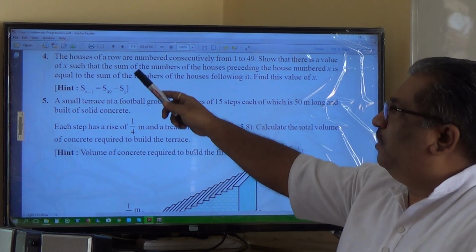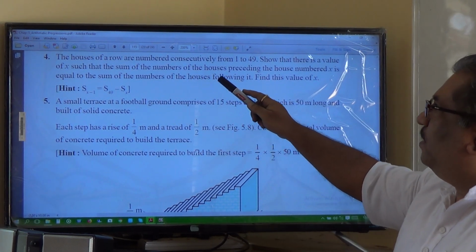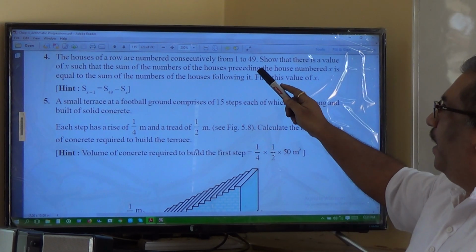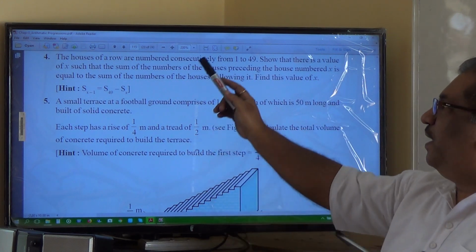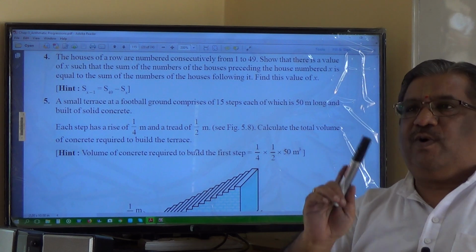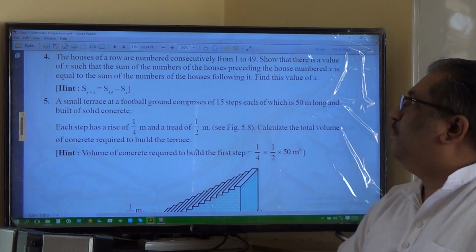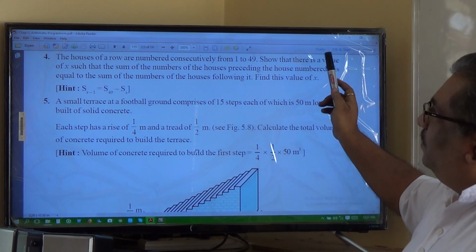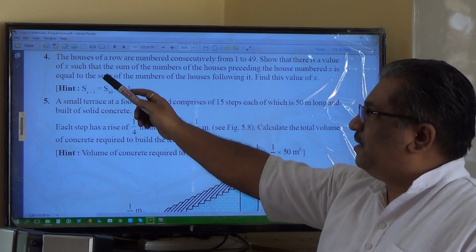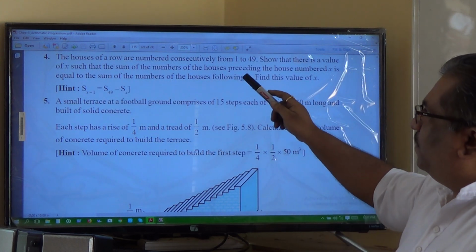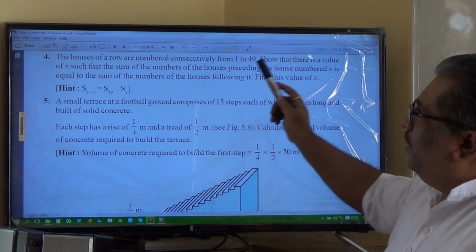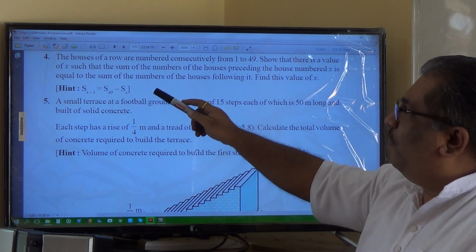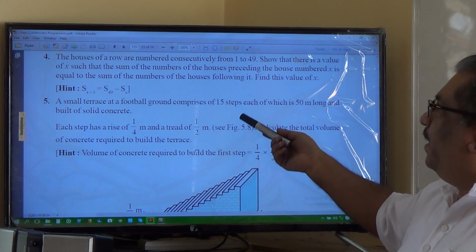Fourth question, the houses of a row are numbered consecutively from 1 to 49. So in a row there are 49 houses which are numbered as 1, 2, 3, 4 up to 49. Show that there is a value of x such that the sum of the numbers of the houses preceding the house numbered x is equal to the sum of number of houses following it.